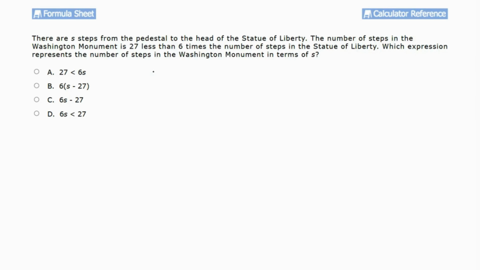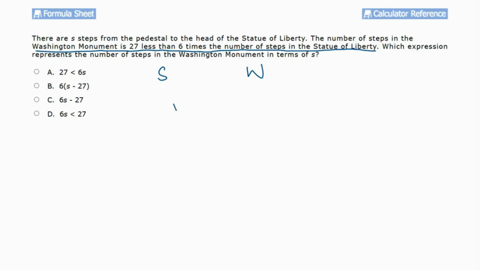So let the number of steps in the Statue of Liberty be given as S, and the number of steps in the Washington Monument be given as W. So it says that the Washington Monument is 27 less than 6 times the steps of the Statue of Liberty.